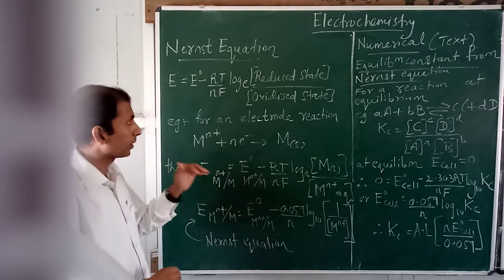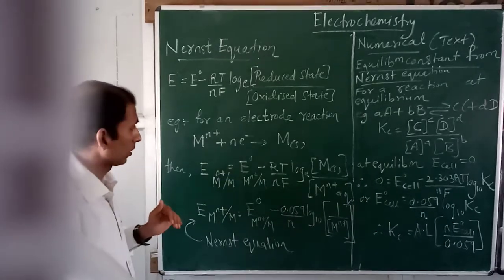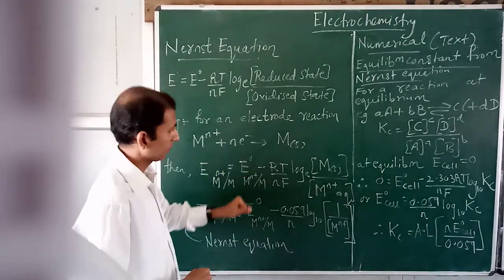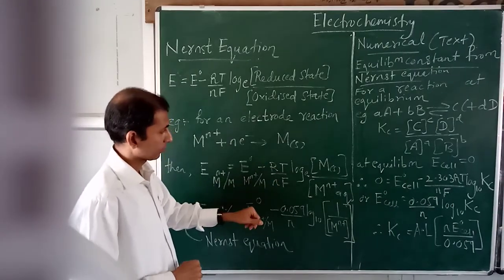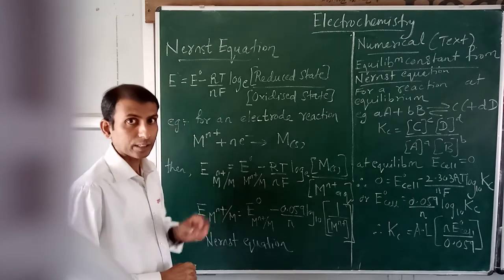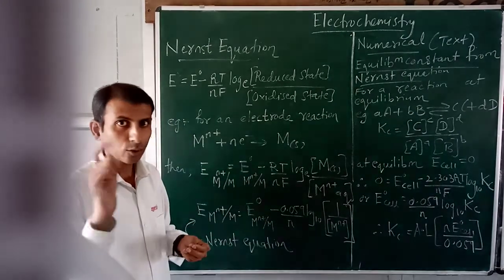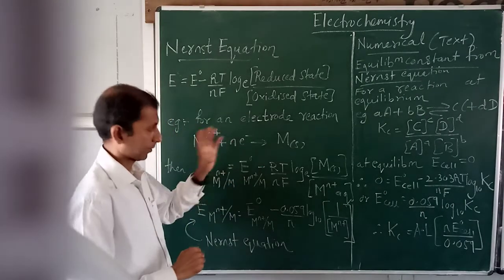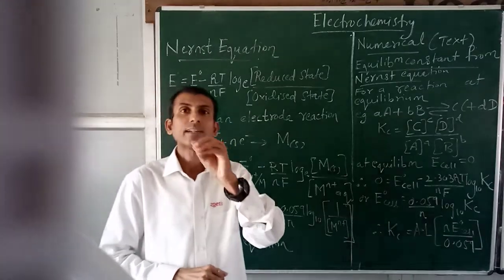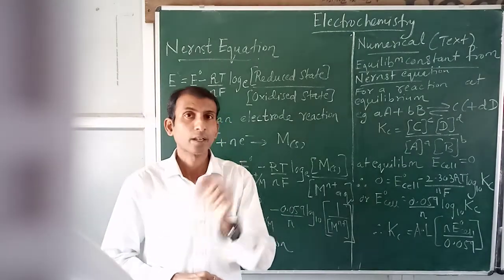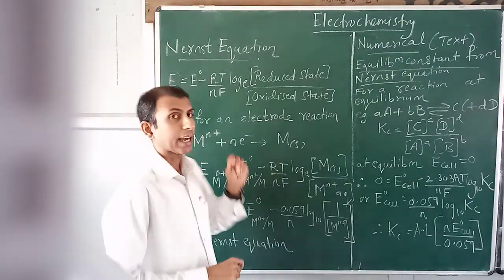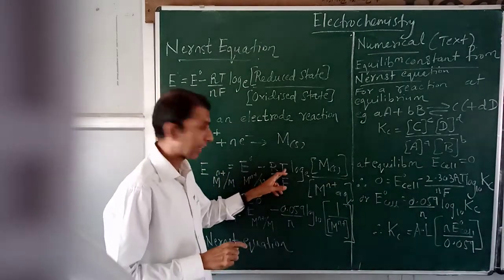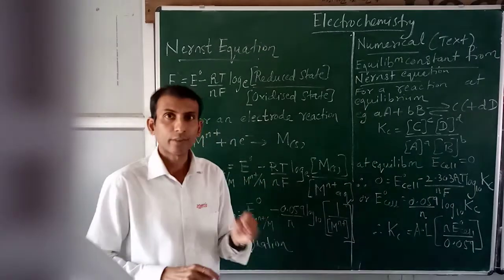Then if we substitute all the values at standard conditions, the values of R, T, F, which we already have, you can refer to the notes. For example, the gas constant R is 8.314, and T, the absolute temperature, is 273 Kelvin, upon F, Faraday.